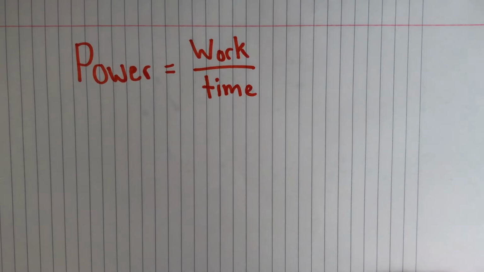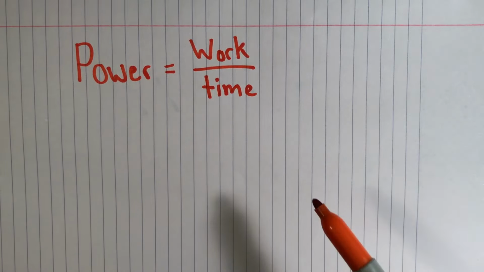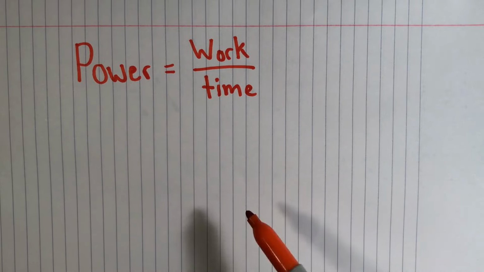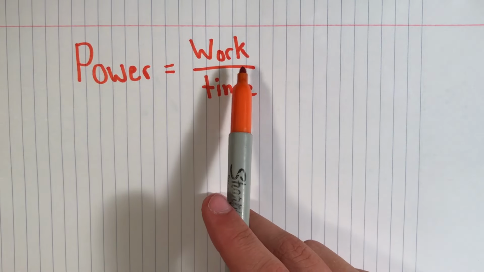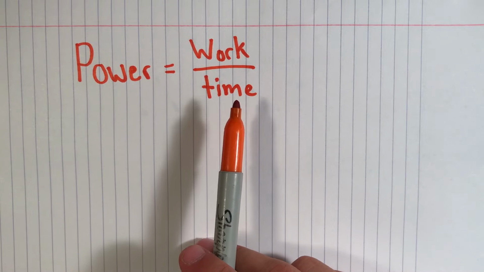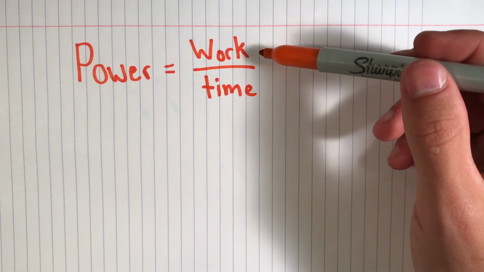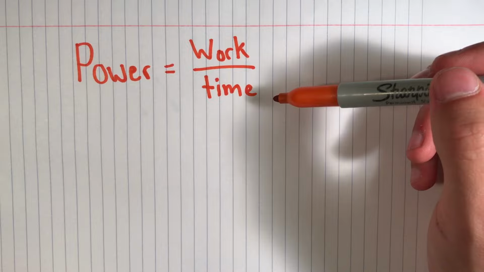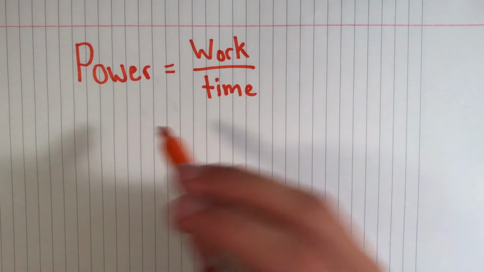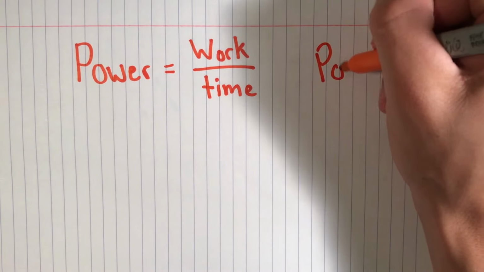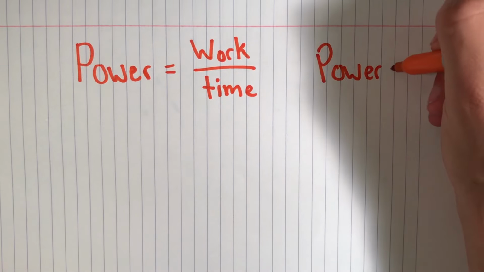In other words, the power of something, usually referenced to machines such as conveyor belts or cranes, or light bulbs even, lets you know how much energy it's giving off in a certain amount of time. Work being measured in joules, time being measured in seconds. The unit of power is watts.